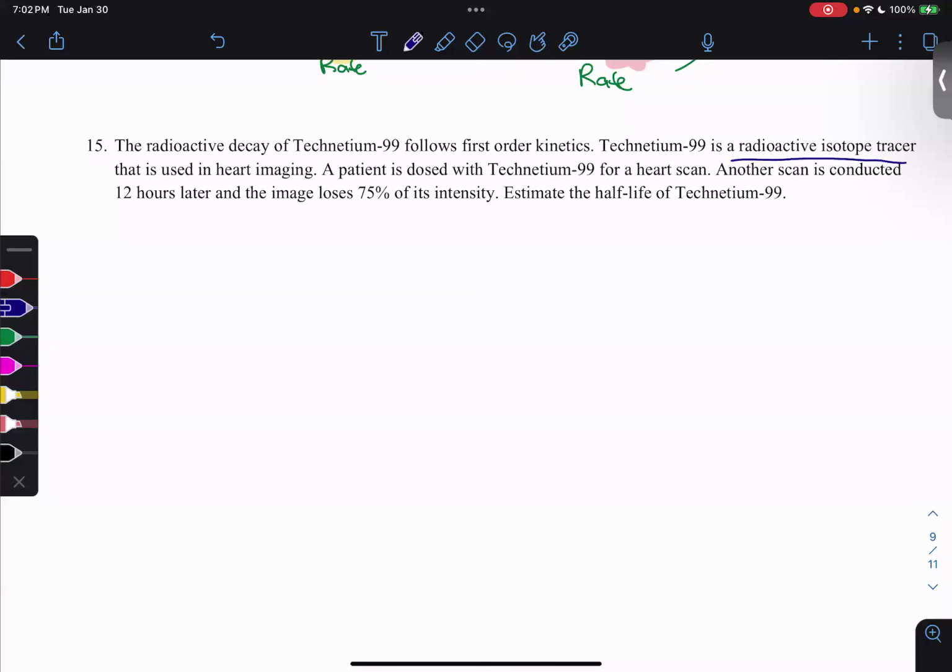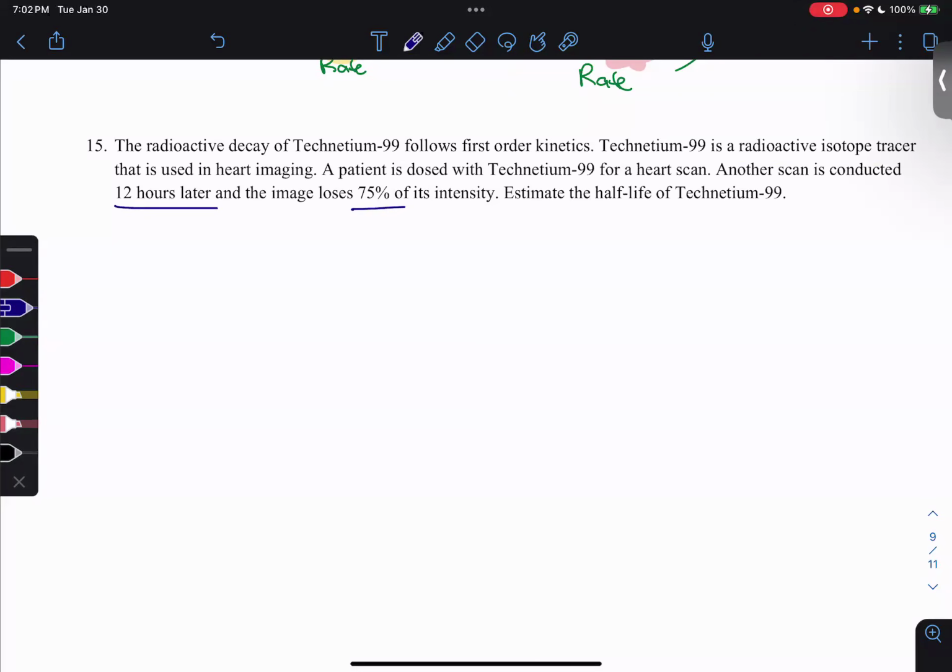All right, and it follows first order kinetics. So a patient is dosed with technetium-99 and goes for a heart scan. But they do another scan 12 hours later, and the image loses 75% of its intensity. What is the half-life of technetium-99?